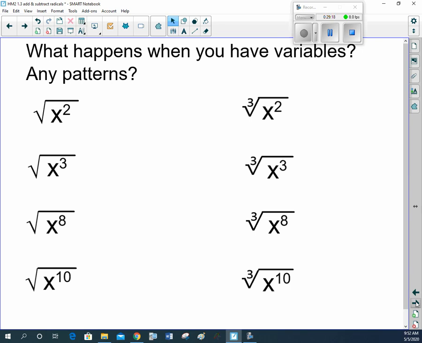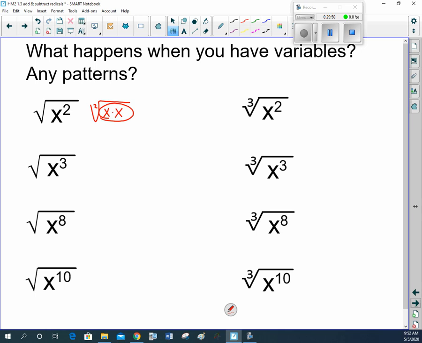Okay, what happens when they're variables now? And then can we figure out a pattern so we can do it quickly? This one I like to do as prime factorization so that you can see how it works. So underneath here, this would be x times x. If you want to bring an x out from underneath a radical, you need to have the same amount of x's or variables as your index number. So the index number there is a 2, so I have to have 2 x's. Well, I do.